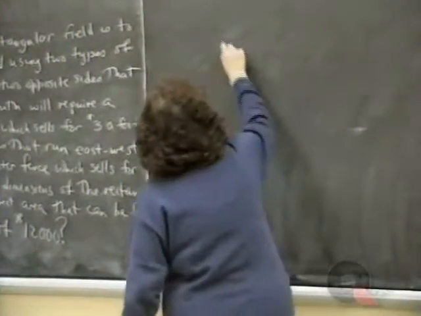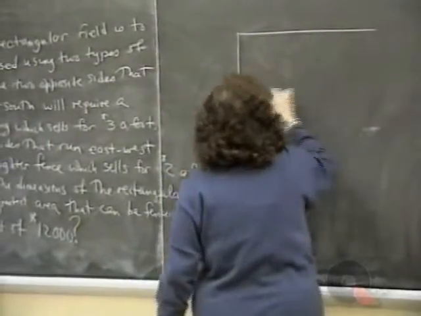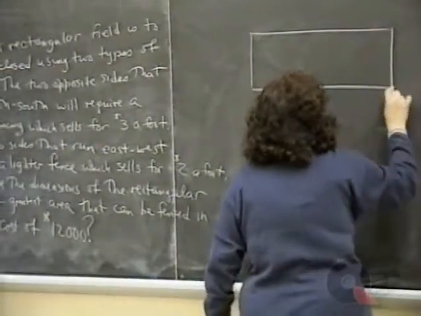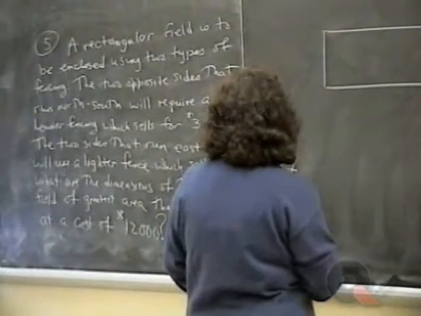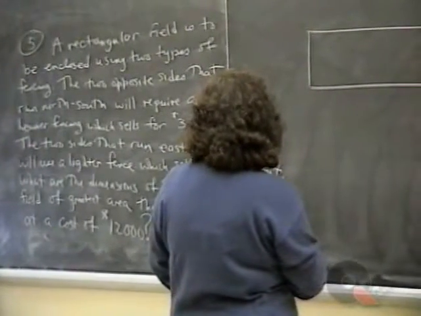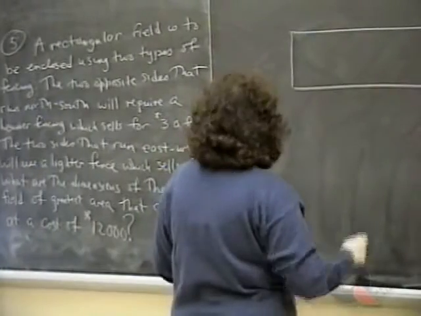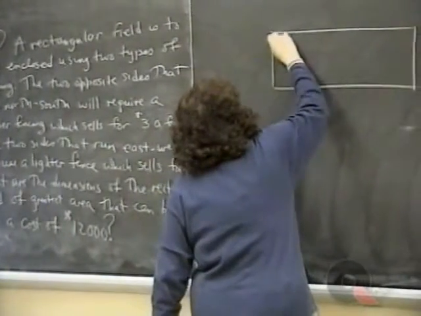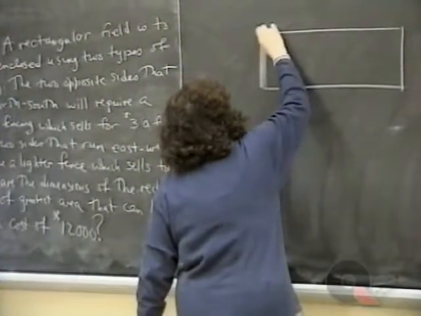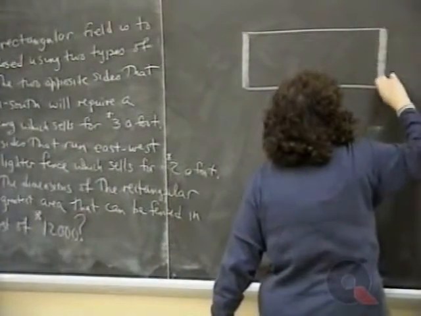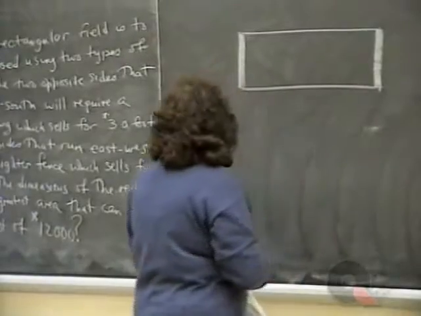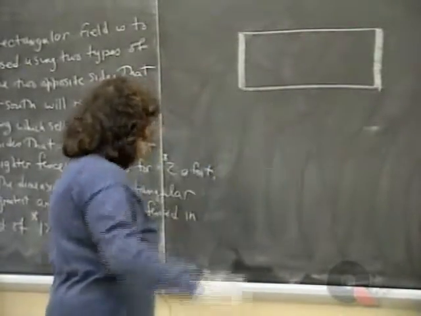Okay, so we have our rectangular field. The heavier fencing is going to be on the sides that are running north-south. So let's make this a little darker. Here's my heavier fencing for north-south, and the lighter fencing on the east-west sides.